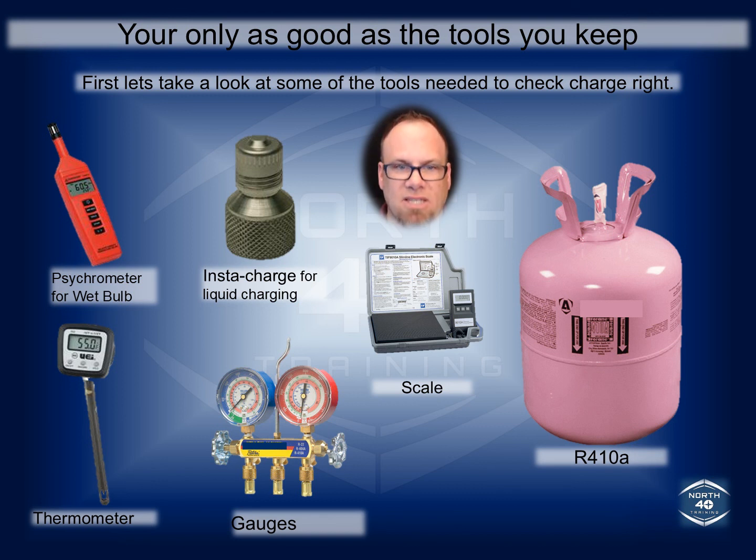Most of the HFCs are blends, not all of them, but most of them. Certainly the 400 series family are blends. So the only way that a blend is able to be charged in its blended compound is in liquid form. If you pull out in vapor, then you may charge the product unevenly because they have different molecular weights. So inside of that tank, you've got different layers of refrigerant at different points.